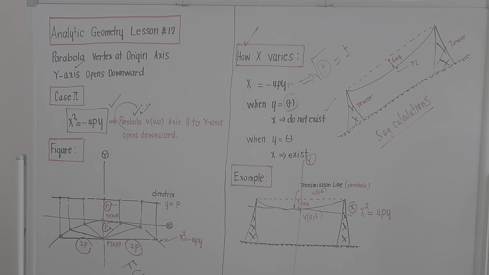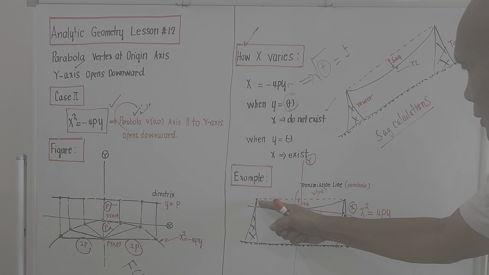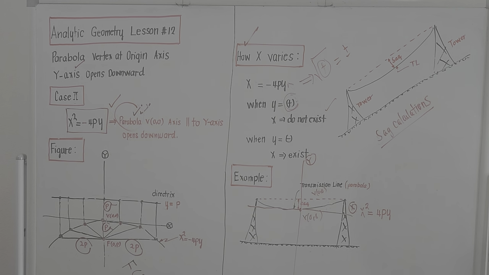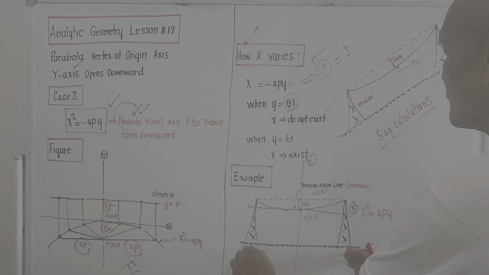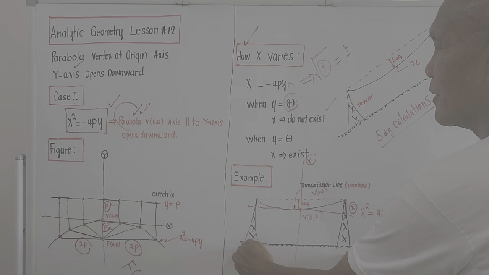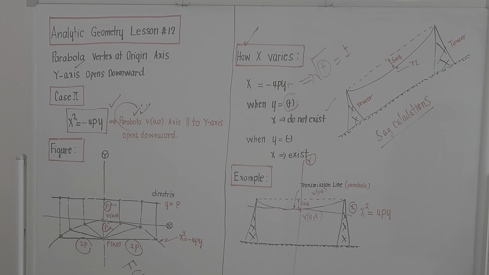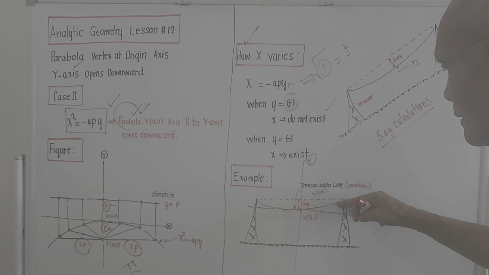And there are also problems in transmission lines in which the length of the transmission line is to be computed. Like if we know the distance between these 2 towers here, the project manager, maybe if you are the engineer for this one, he might ask you what will be the total length of the cable needed.